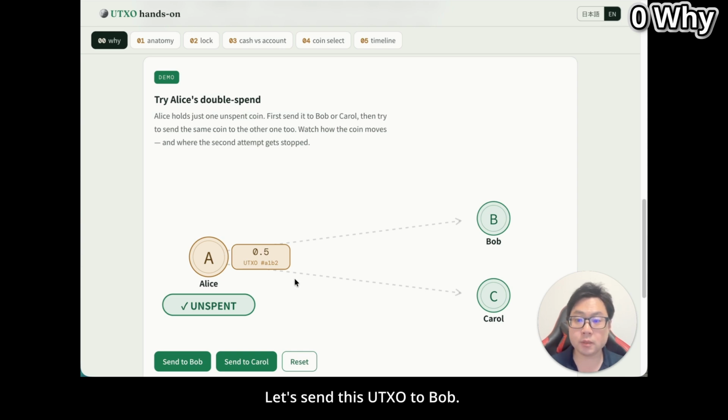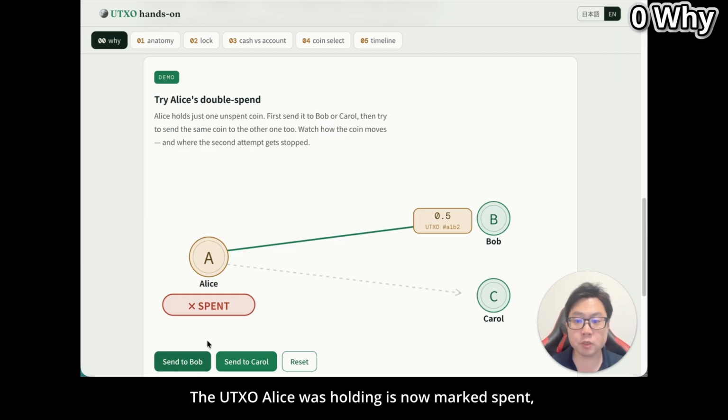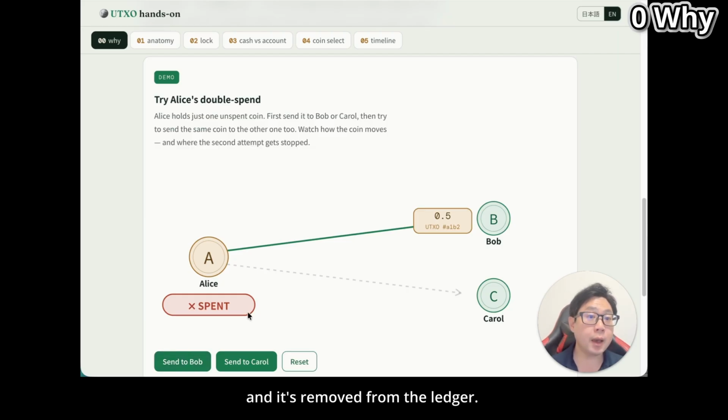Let's send this unspent UTXO to Bob. Send to Bob. The UTXO Alice was holding is now marked spent, and it's removed from the ledger. Money that no longer exists. Now let's try to send that same coin again, this time to Carol.